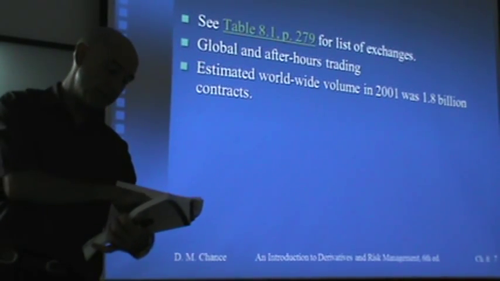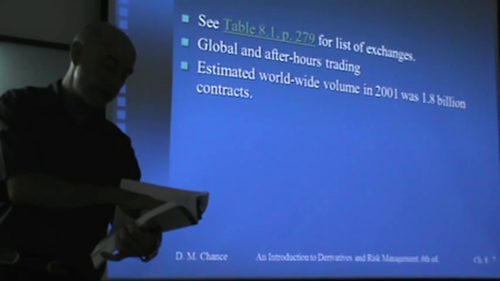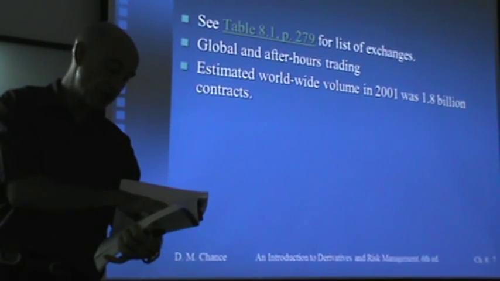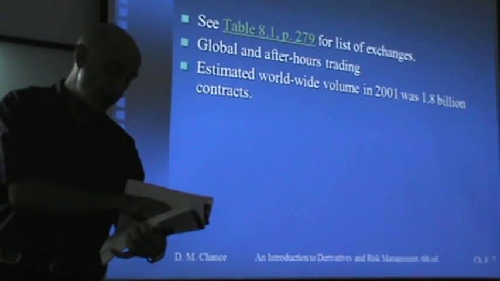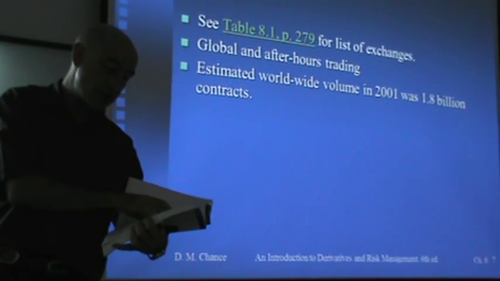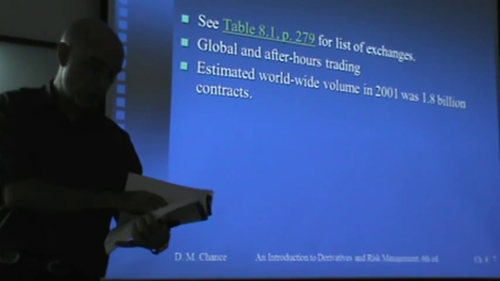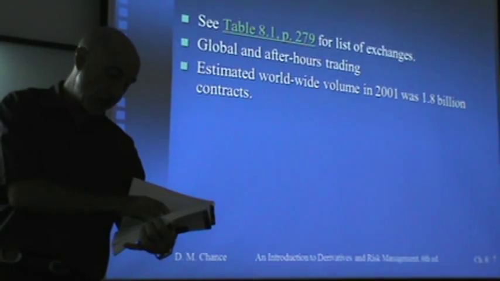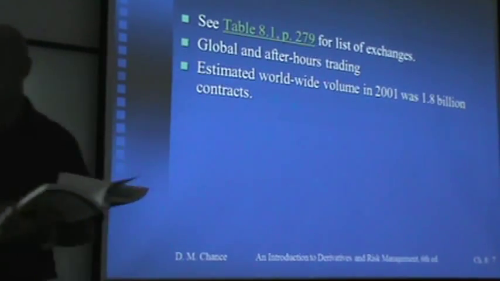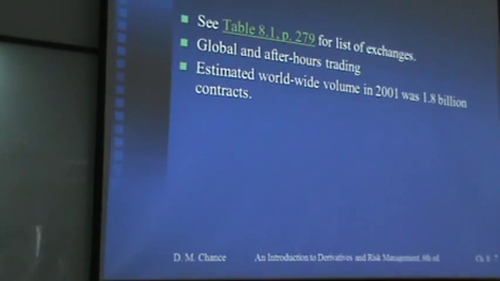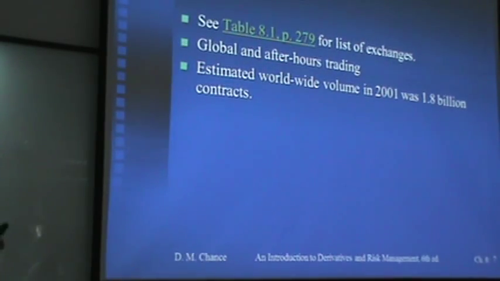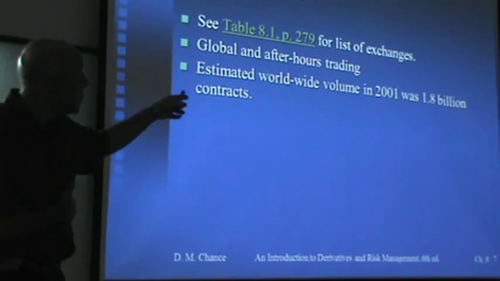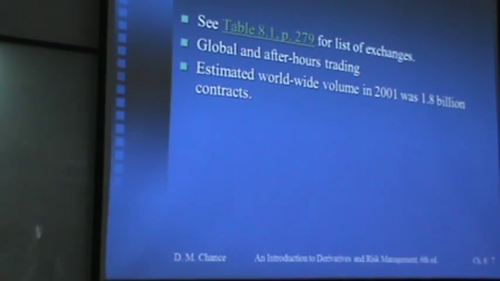In Asia, you've got Central Japan Commodity, Hong Kong Futures Exchange, Kansai Exchange, Commodities Exchange in Japan, Korea Exchange, Malaysia Exchange, National Stock Exchange of India, Shanghai Futures Exchange, Singapore Exchange, Tel Aviv, Taiwan, Tokyo, and so on. So you can see there are plenty of exchanges around the world.